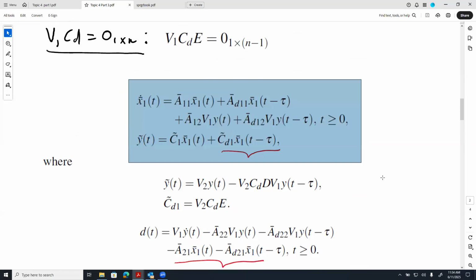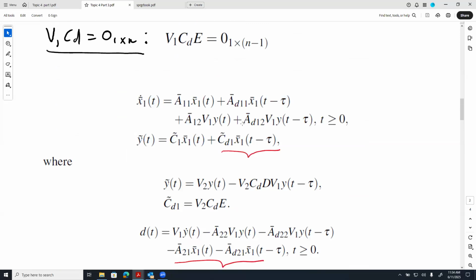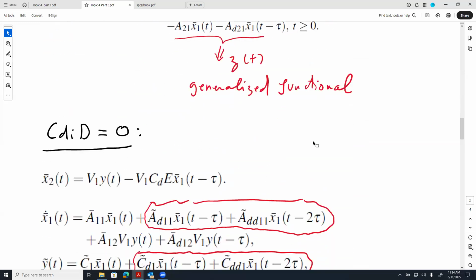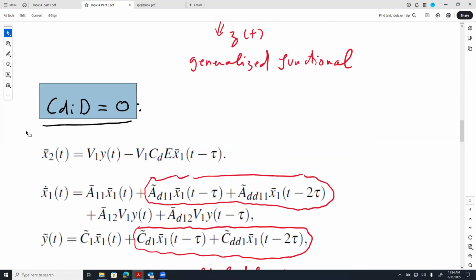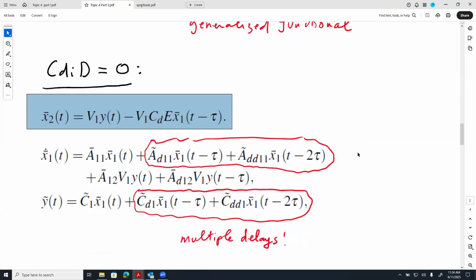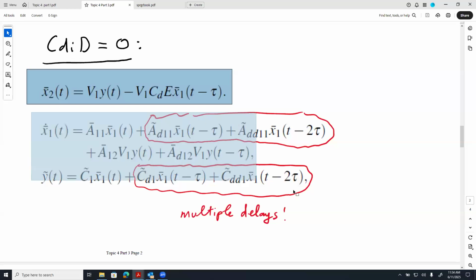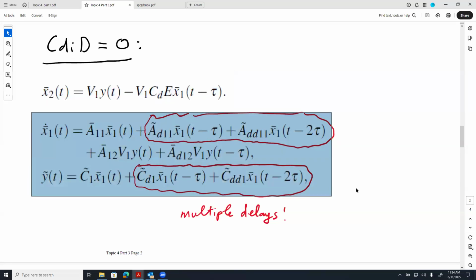And the time delay system itself can be a simple or a complex time delay system. And here it's a bit more complex. It's got this delay term in there. When we have the other condition, we get a more complex expression, and therefore we arrive at a reduced order system with multiple delays in the stack and the output measurement.